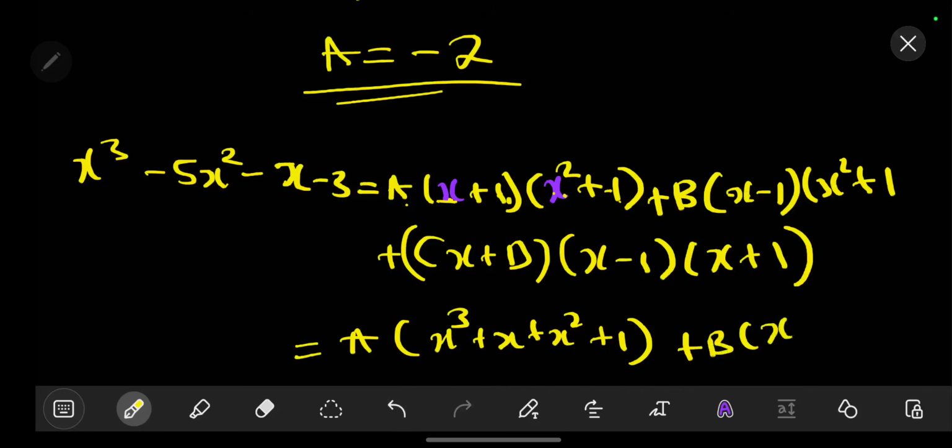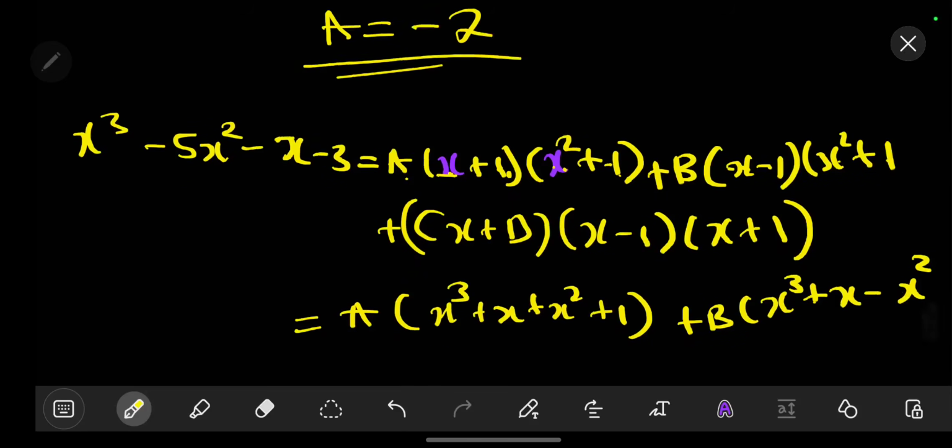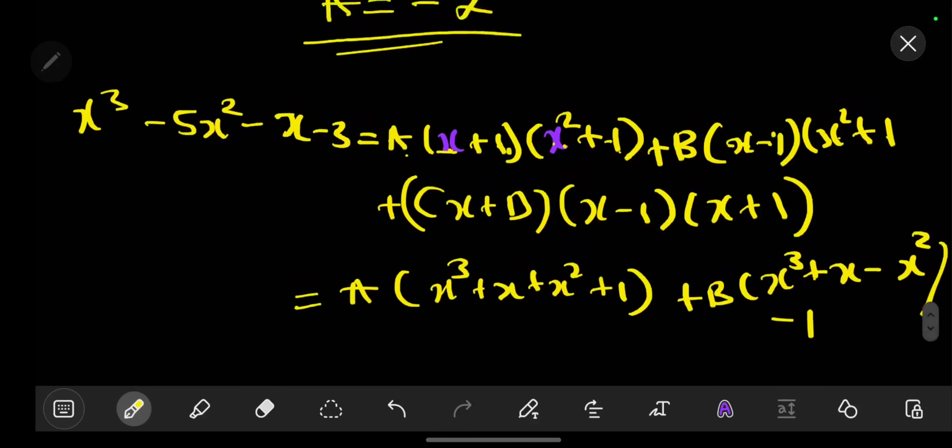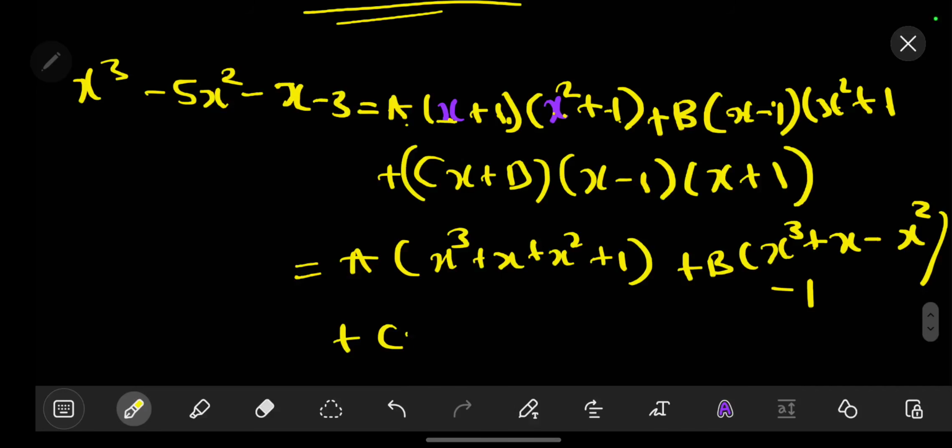Inside we are going to have x to the power 3. This times this, it is going to give us x. This times this, minus x squared. Then we have this times this, we are going to have minus 1, like that. So this is in one bracket. Then we could have plus our cx plus d, which is going to give us this.